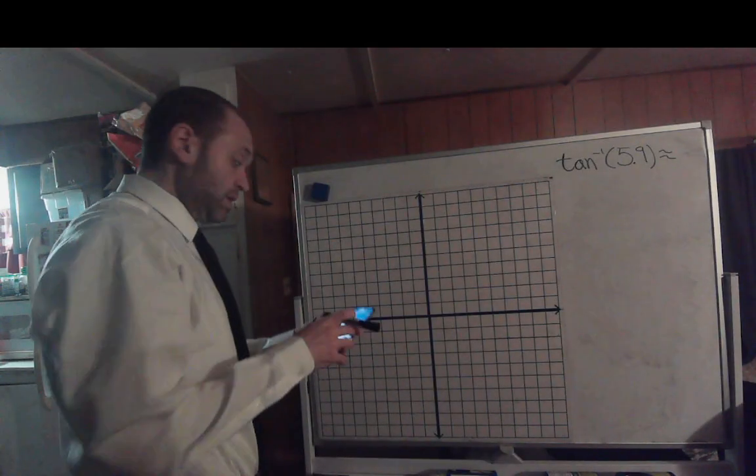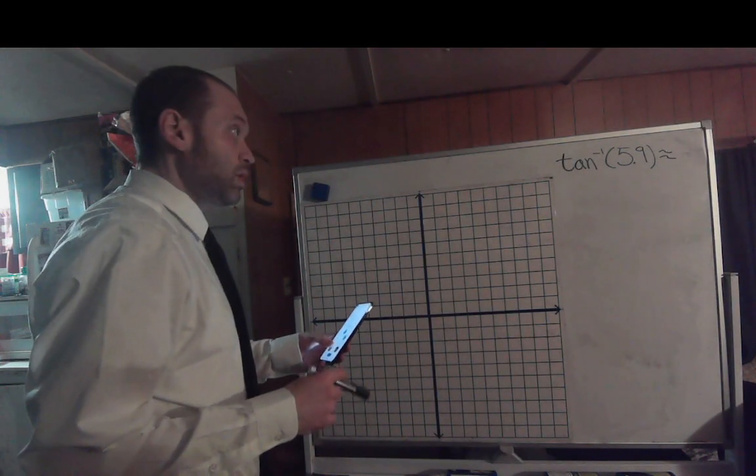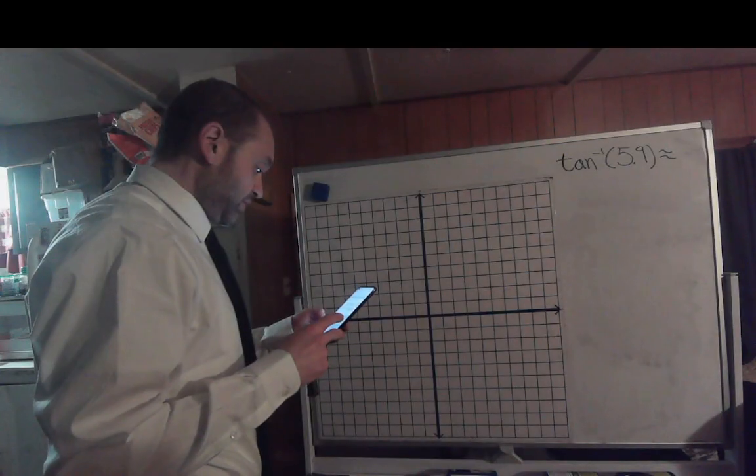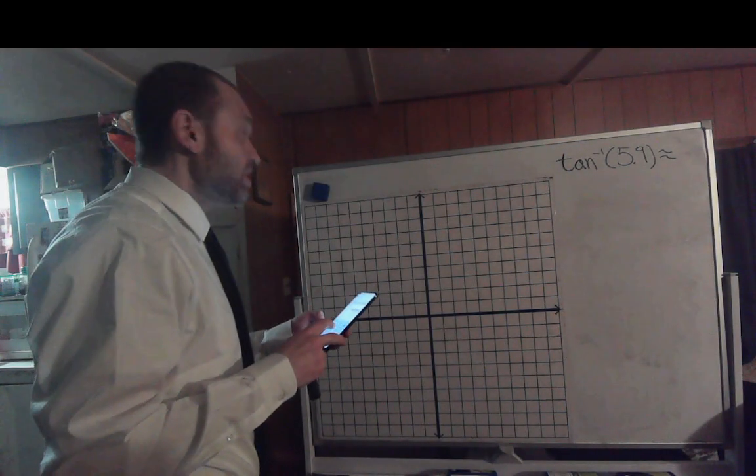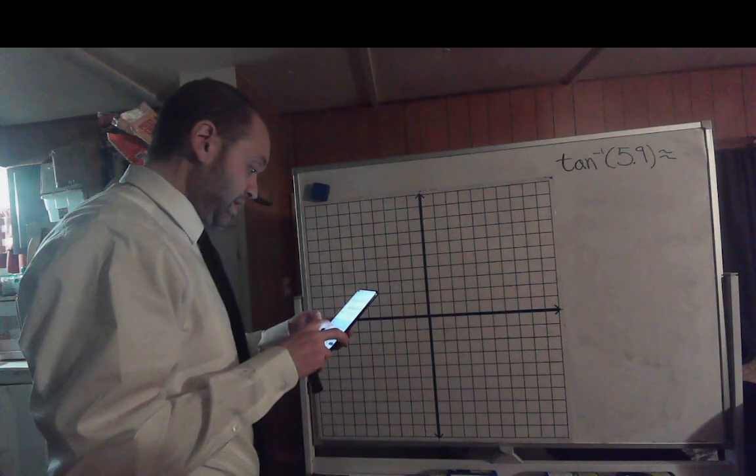Last one. Then we got some triangles we're going to do. Tangent inverse of positive 5.9. So first, can we do this? In other words, what's the domain of the tangent inverse? Well, it's all real numbers, so this is definitely going to work. So let's first take degrees of the tangent inverse of 5.9.